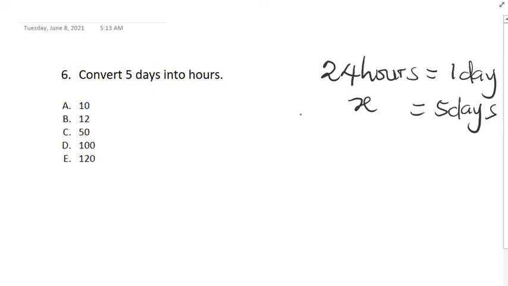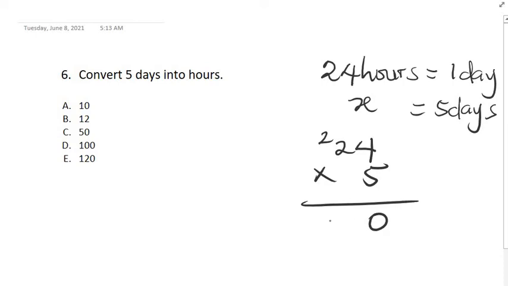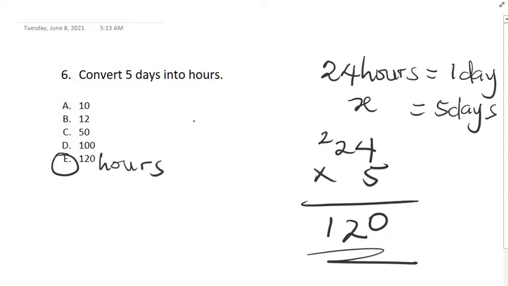It's either we add 24 plus 24 plus 24 in 5 places, or we simply multiply 24 by 5. 5 times 4 is 20. You put down 0, bring 2 here. 5 times 2 is 10 plus 2 is 12. Okay, so the answer is 120 hours, which is E.